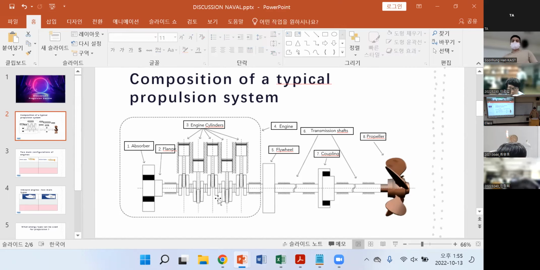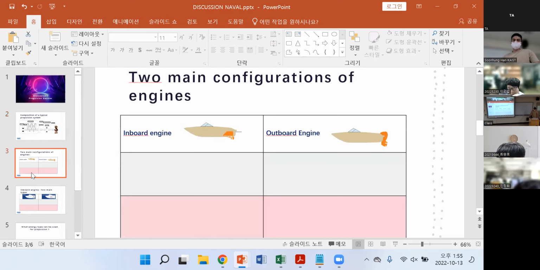This kind of propulsion system is just an example, not all propulsion systems look like that. Sometimes the engine technology can be different, and sometimes transmission technology can also be different, but it's a good example. And actually this one is a plan of an inboard propulsion system.